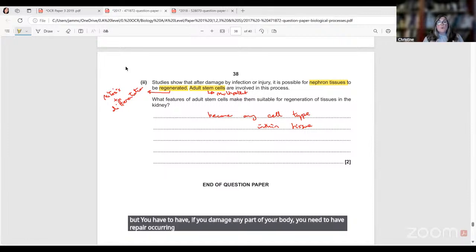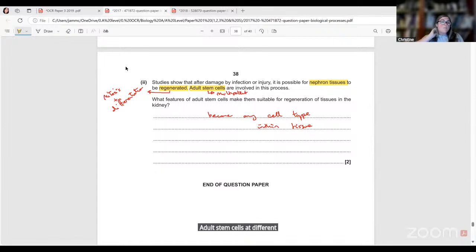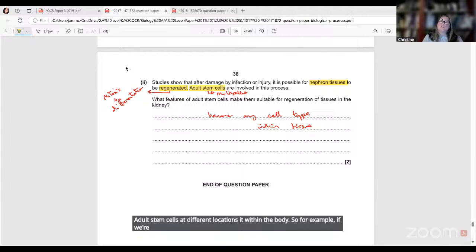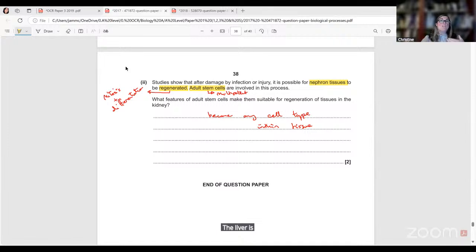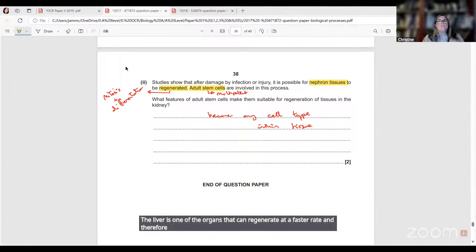So you have these multipotent adult stem cells at different locations within the body. For example, the liver, with hepatocytes, is one of the organs that can regenerate at a faster rate, because it has multipotent stem cells with the capacity to go through mitosis and differentiate into the cells needed to regenerate.